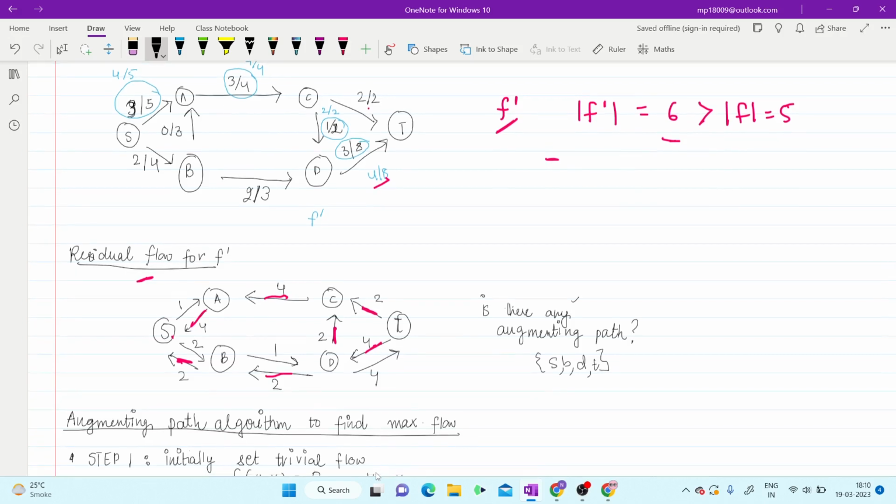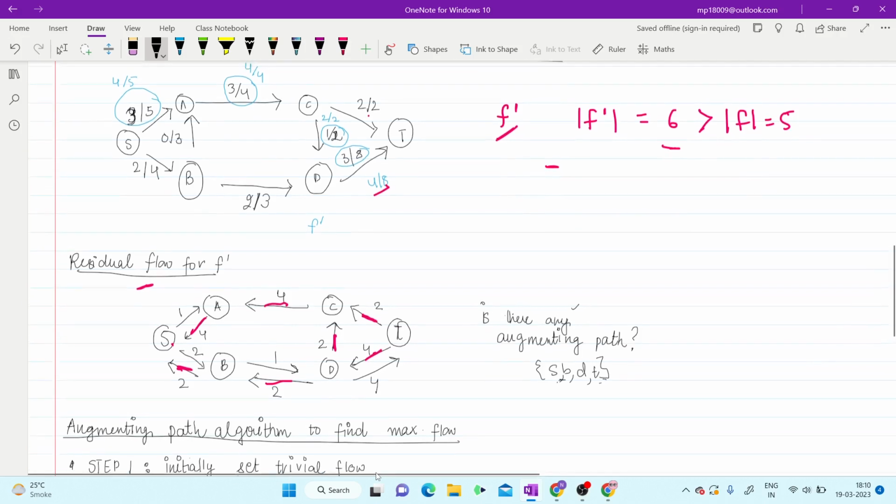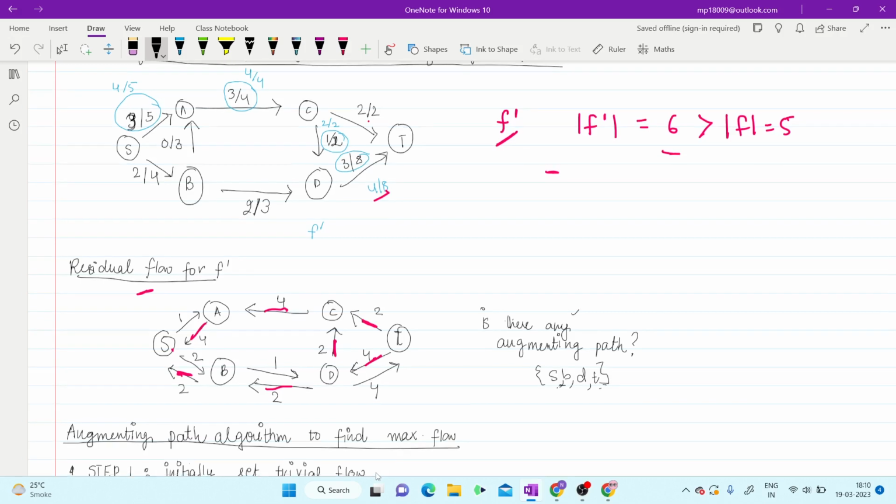So once we have an augmenting path here, that means we can construct a new flow function with a higher flow value. So what will be the new flow value? This is our f prime.